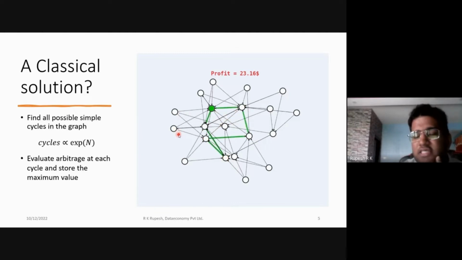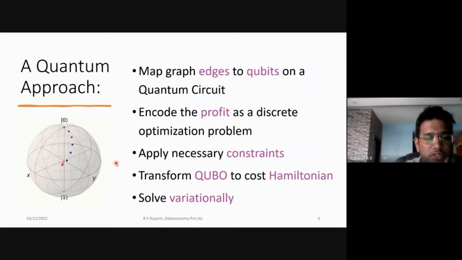So if you are considering more than 20 or 30 currencies, the problem goes easily out of hand. This is why we might want to consider a quantum approach to solving this problem. The quantum approach has a bunch of different steps.